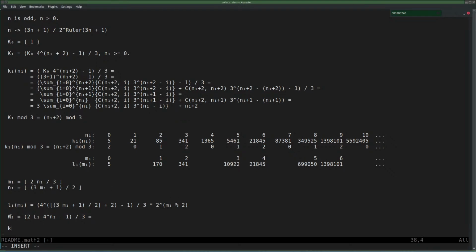Okay, so the formula k2 as a function of n2, but that's an enumeration. It's also enumerated over the elements of L1. So we have another enumeration, but that enumeration runs over M1. So K2 is a function of M1 and N2.